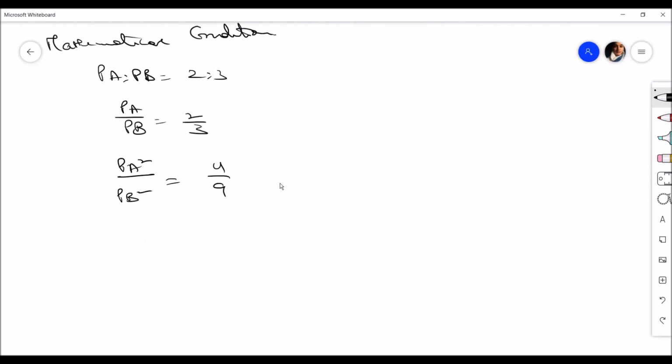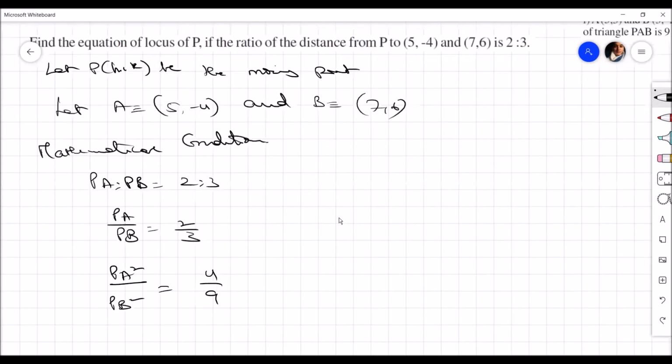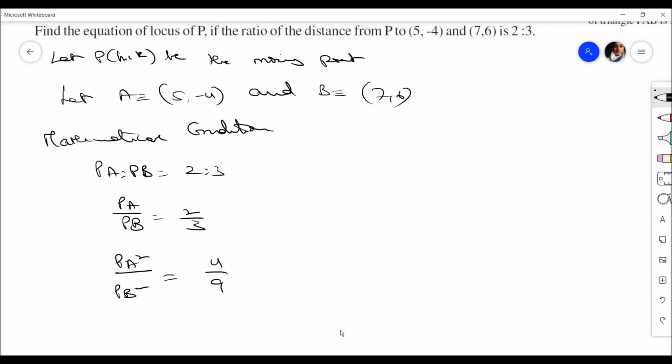And what is PA square? I have the coordinates of P, which are (h, k), and A, which are (5, minus 4). So PA square will be nothing but (h minus 5) whole square plus (k minus 4) whole square. That's PA square. There's a square root and square which got eliminated. And then of course PB square, which is (h minus 7) whole square plus (k minus 6) whole square, should be equal to 4 by 9.